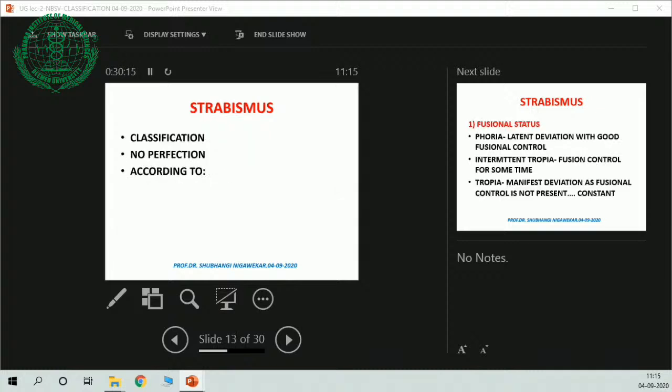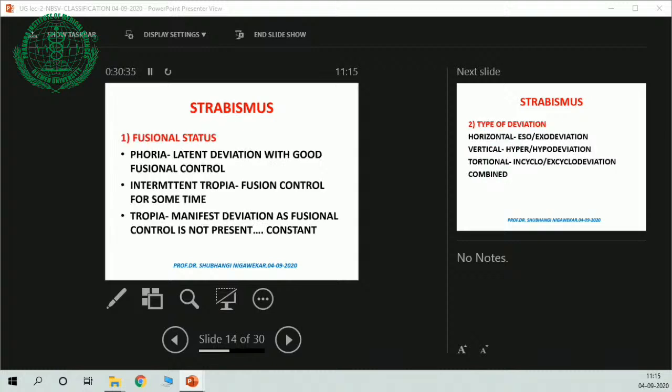Strabismus classification. When we consider that classification, I am not telling that whatever the shown slide was wrong, but to be on the safer side, they say that no perfect classification is there in strabismus. The only thing we can do is discuss the things according to, one, the fusional status.